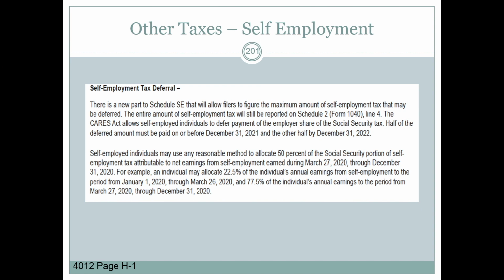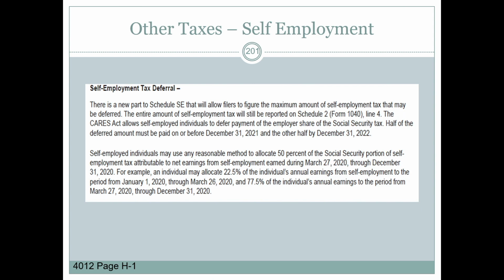You'll see an icon for tax on unreported tip that we'll talk about, tax on early distribution that we'll talk about, the repayment of the first-time homebuyer's credit. So the self-employment tax is the first one that you would see on this screen.